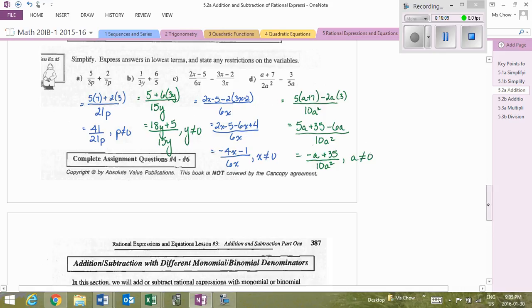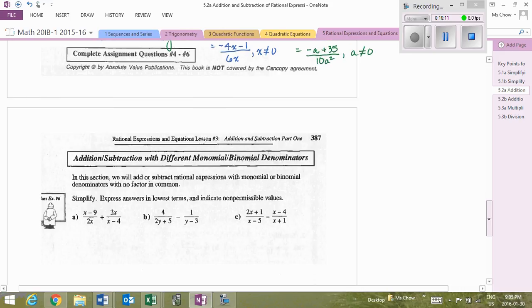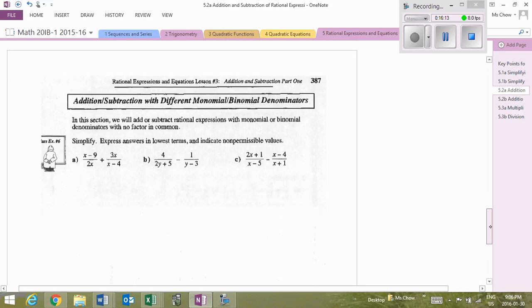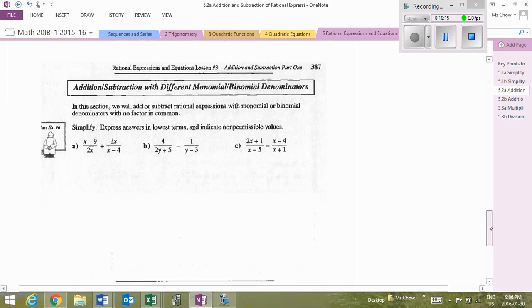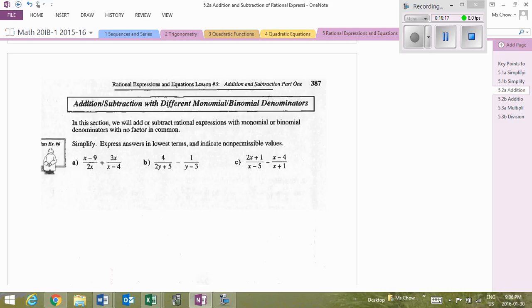Right? Let's move on. So if we have different monomial or binomial denominators, again, it's just recognizing that these are binomials, so that's the whole factor. You cannot separate any of those.